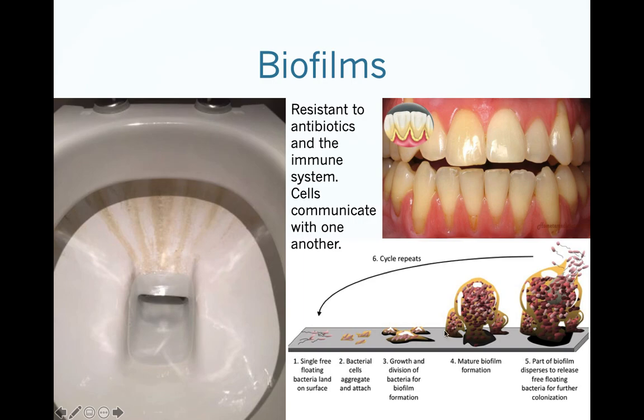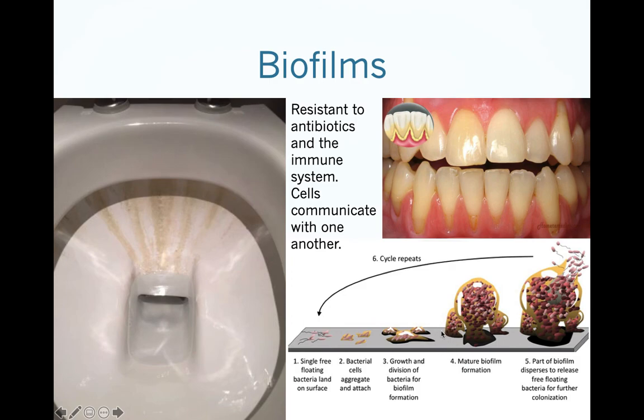Cells over here on this side of the biofilm can talk to cells over here on this side of the biofilm through a process called quorum sensing. They use hormones and different types of chemicals to direct the growth of this biofilm. It's very odd how these things work. They can actually turn off the growth of themselves or say grow slower and things like that.